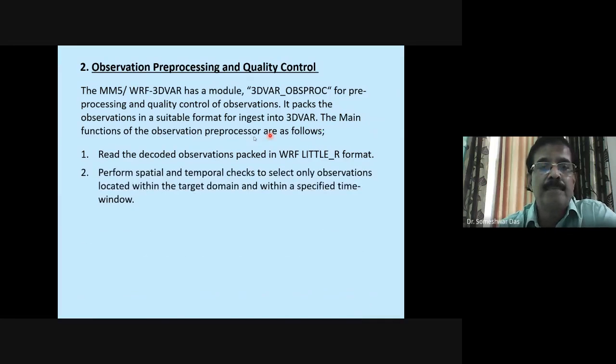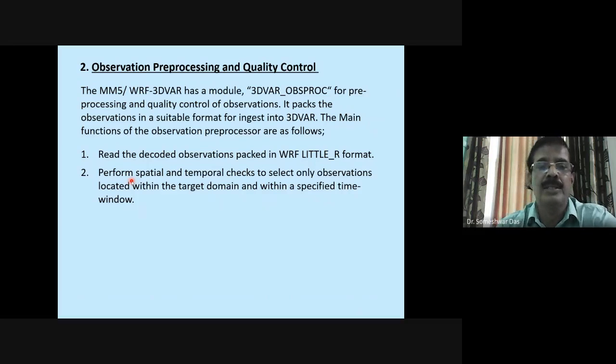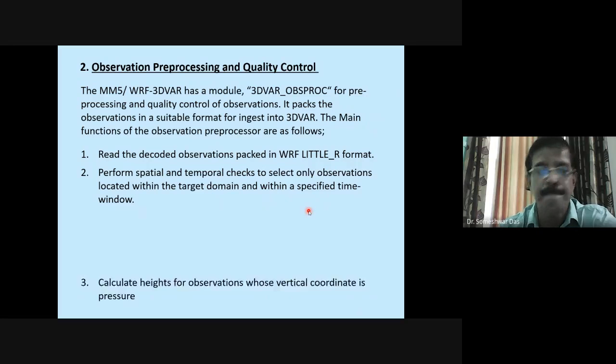Then perform spatial and temporal checks to select only observations located within the target domain and within a specified time window. Now you understand the time window, right? Yes, sir. Right. So whatever observations you have, they must be located within the domain of your model, and within the specified time window.